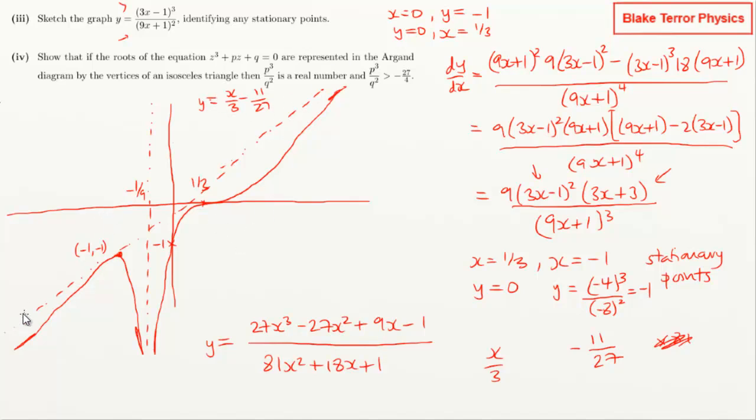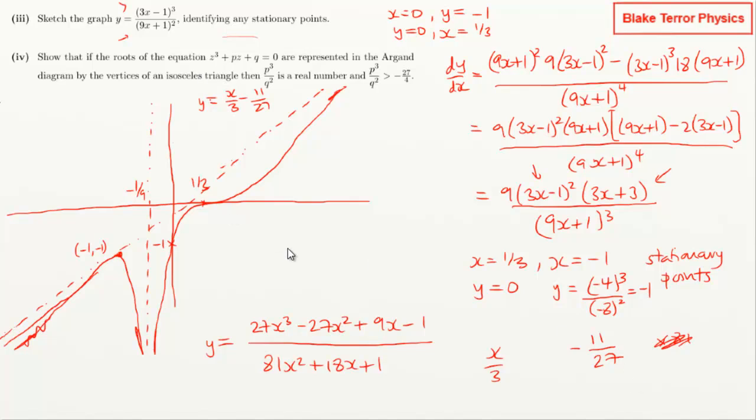But I'm not sure that's really that necessary. I'd have to draw that a bit better as well to go around there. So it looks like it's actually tending towards that as we go to minus infinity. Anyway, I might have sidetracked myself a little bit too much there. But all in all, I've got the vertical asymptote, I've got the 2 turning points, I've got the points of intersection on the axes. So I think I've got more than enough there in that graph sketch.